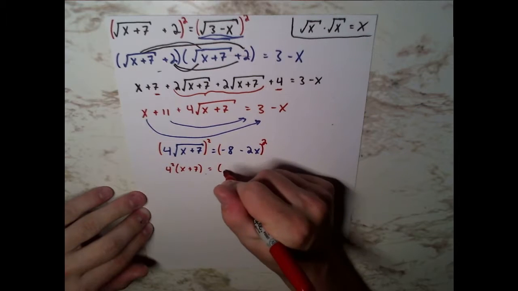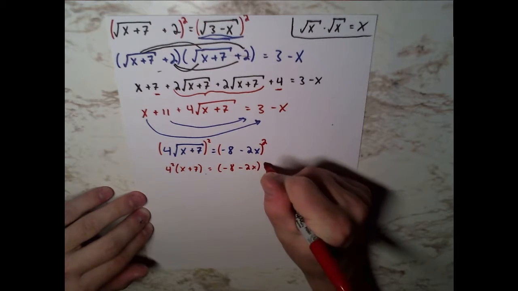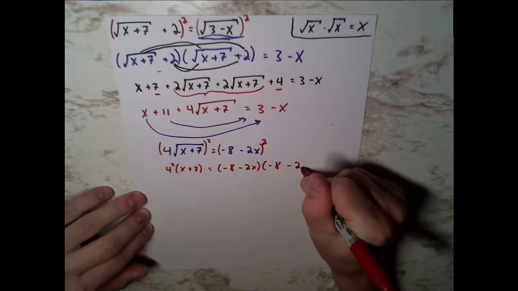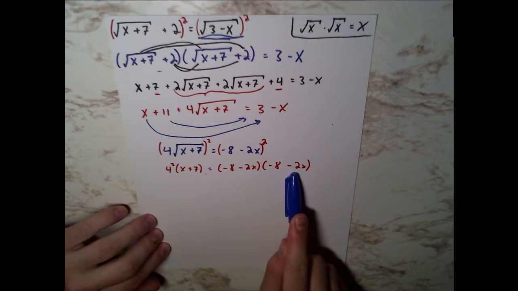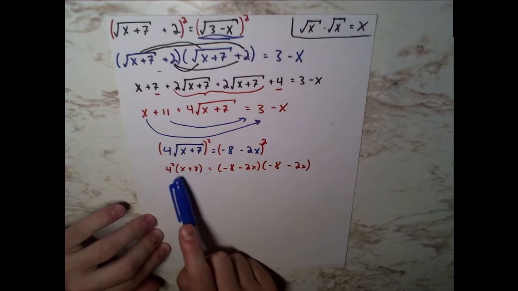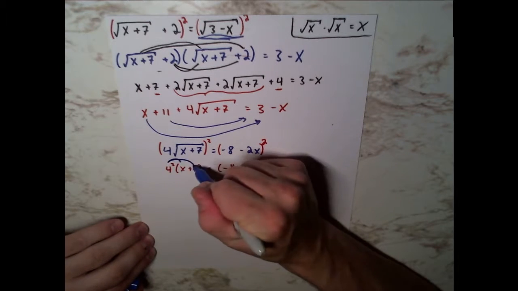So we have negative 8 minus 2x times negative 8 minus 2x. So now we have to FOIL out this side, and we also want to distribute this 4 squared into this parentheses here.